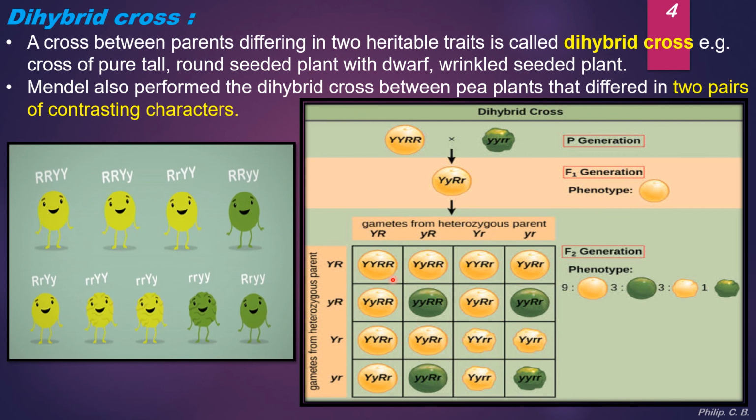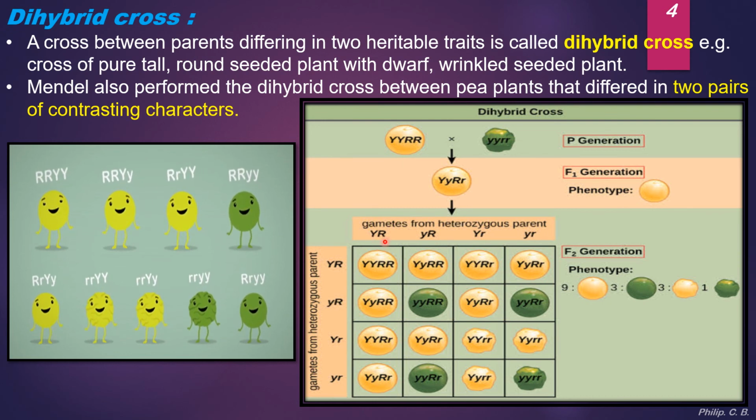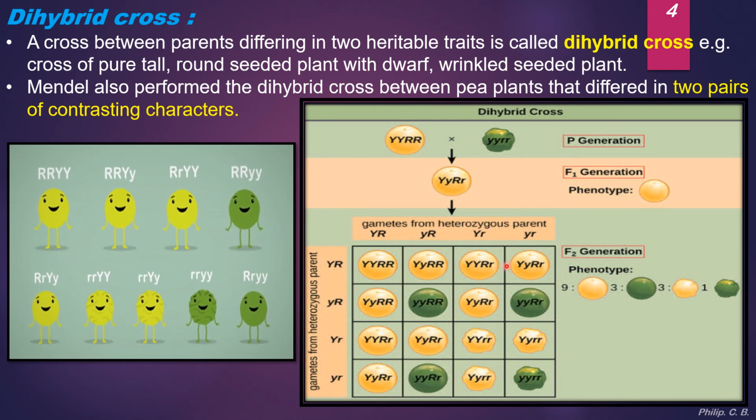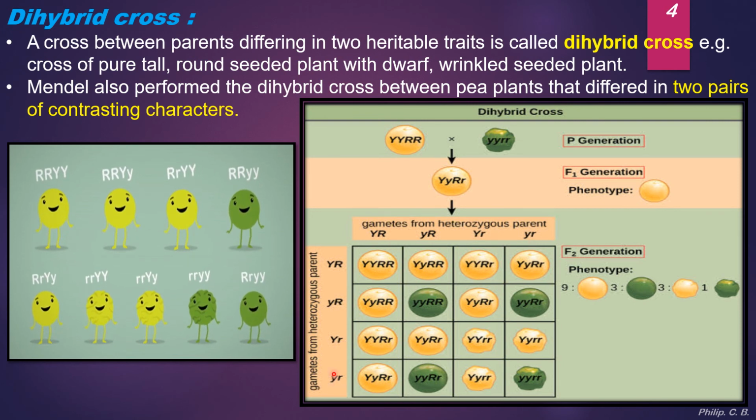Then we can see here in the F2 generation, the yellow rounded, the dominant one. Here we can see the gametes capital Y capital R, capital Y small r, small y capital R, small y small r, horizontally as well as vertically, the parental gametes.